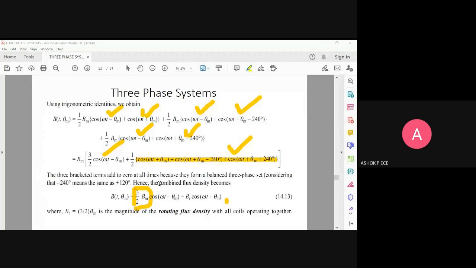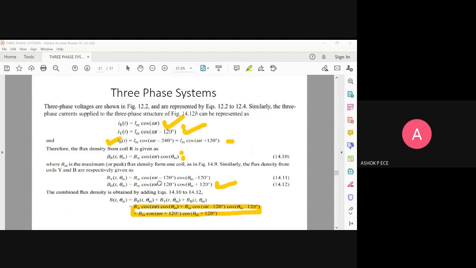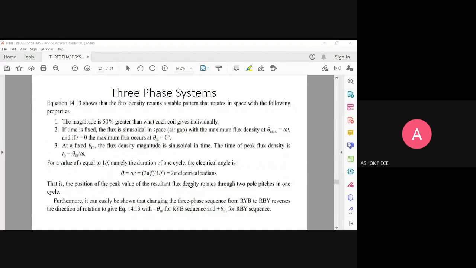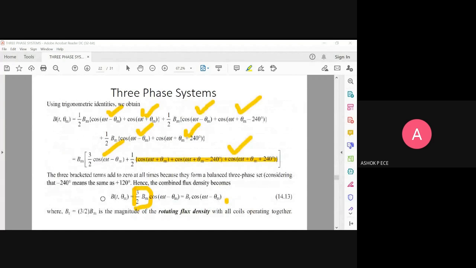I told you, in a star or delta connected three-phase system, whenever you add the current or voltage at any point, it is always 0. But when you add the magnetic field generated by these three-phase windings, it will not be 0. You will get a non-zero field. That field is given by Br cos omega t minus theta m.